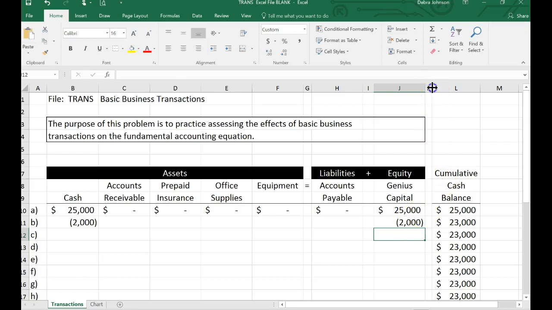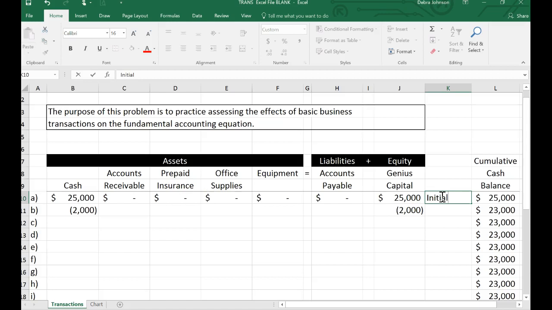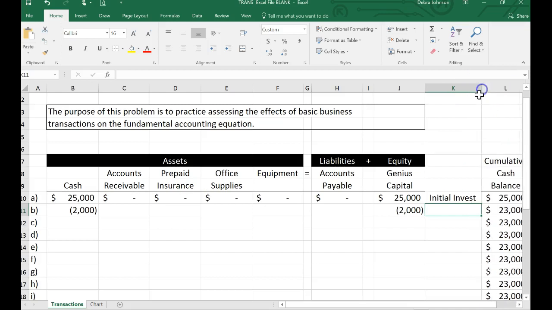So for example, maybe I can go to letter K, and in this transaction, I'm just going to put a short description, maybe something like initial investment, and you can make the column as wide as you need. And in this one, maybe I paid the rent. Just a little notation to remind yourself what happened so that when you do the financial statements, you won't have to continue going back and forth, back and forth.